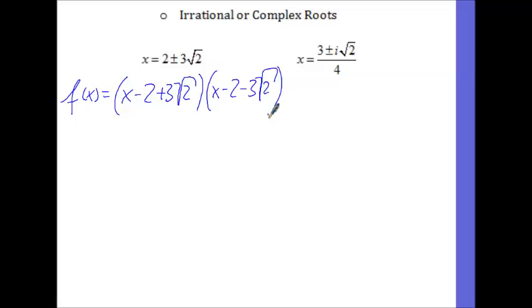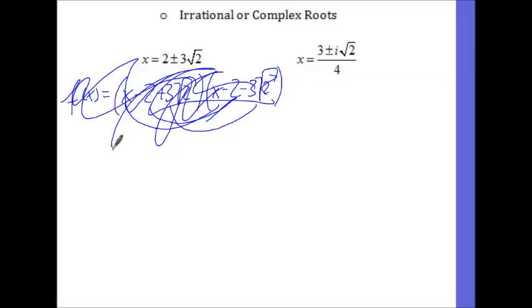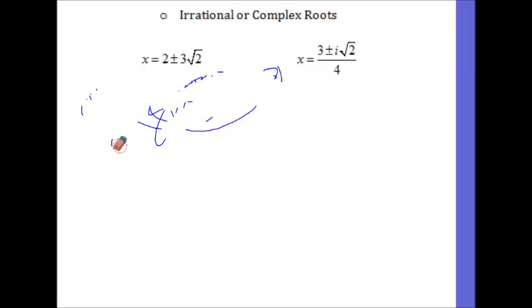Now we would have to multiply this all out and FOIL all over the place, right? Well, what are we going to do with the middle term and this and that? And it would get very confusing and we would get very frustrated. And so let's not do that, all right? Instead, I'm going to show you a method which is way easier, and it's called uncompleting the square, because guess what? That's exactly what we're doing. We are using the completing the square method, going backwards, and this is how it goes.